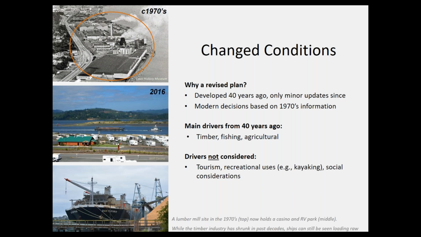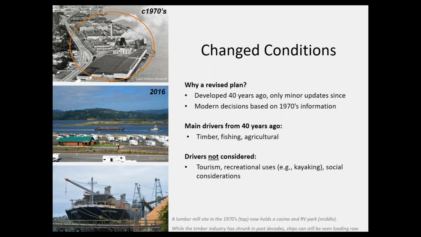It's not necessarily taken from the same angle, but it's the same piece of property. Currently, it has a casino and an RV park. So basically, it was converted from an intensive mill to a recreational facility.